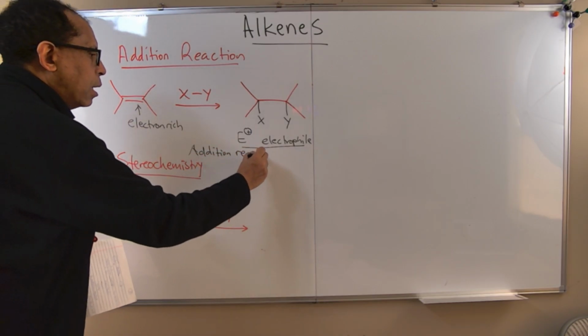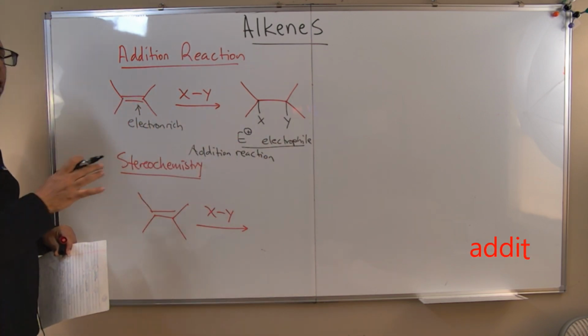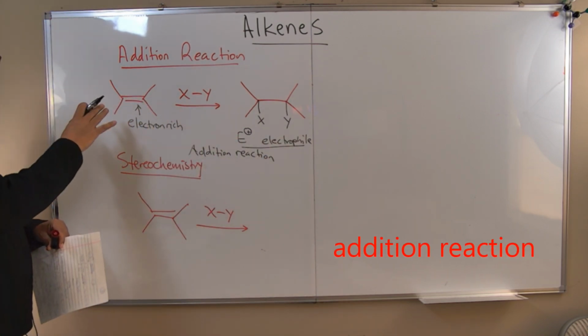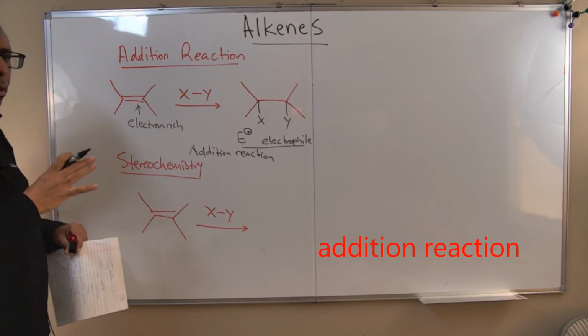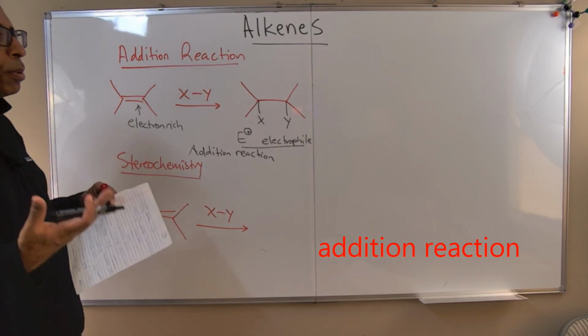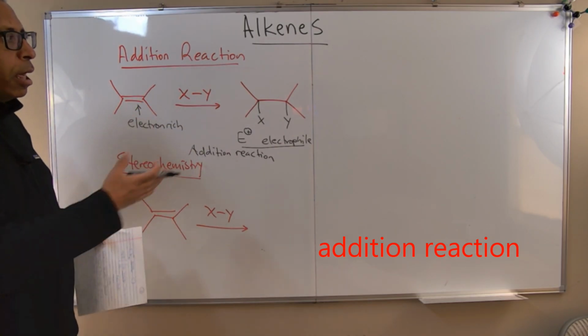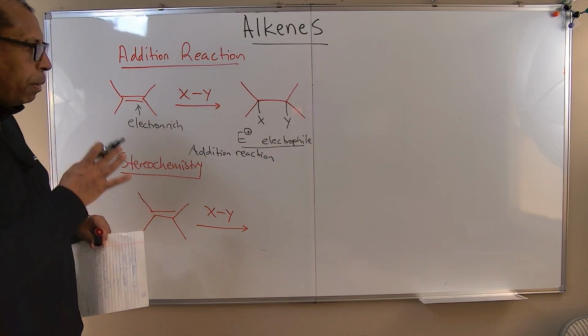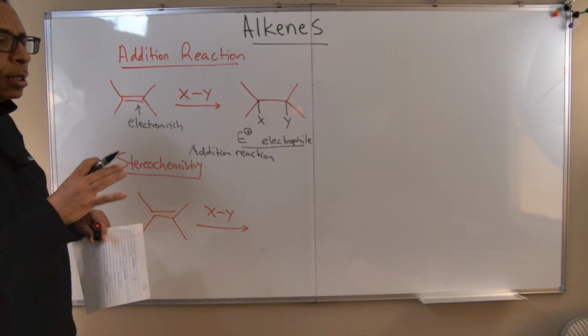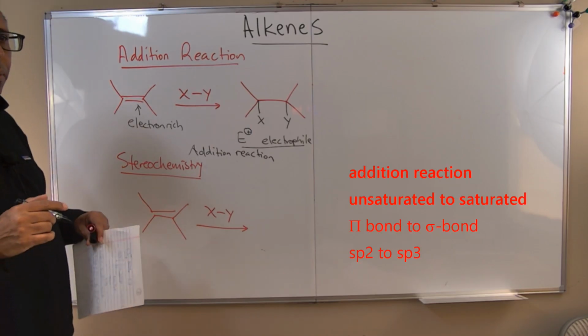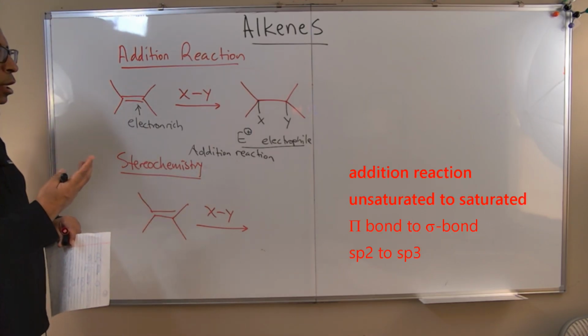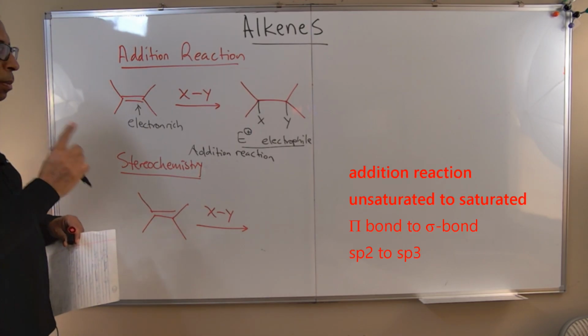The fact that the pi bond is less strong than the sigma bond means the pi bond can easily break and makes the addition reaction possible. So pi bonds are weaker than sigma bonds. One pi bond is not as strong as one sigma bond.